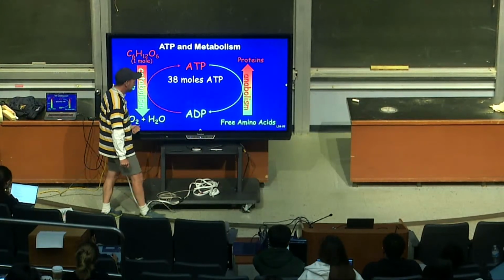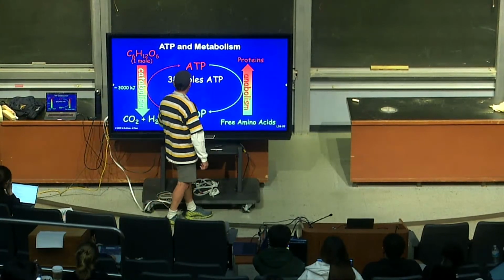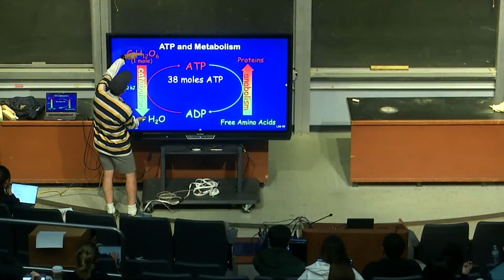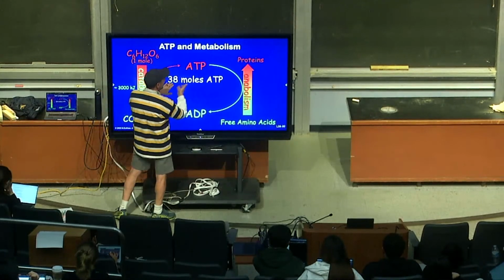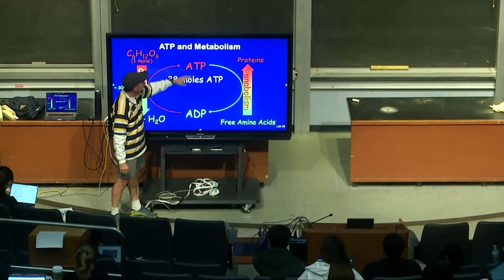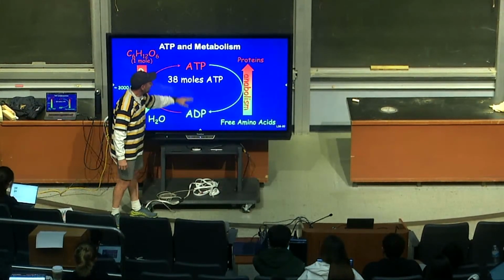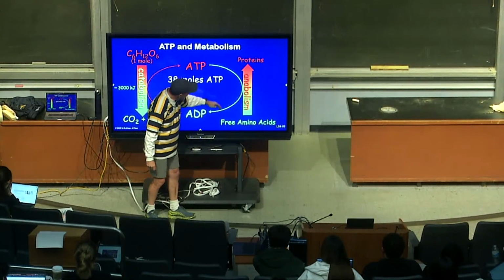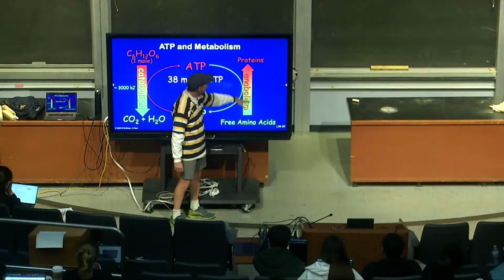So you break down stuff, you couple that free energy. From a mole of glucose, you get about 38 moles of ATP. So you make 38 of those ATP, those phosphate bonds that you're going to hydrolyze later, and you're going to release that energy, and you're going to grow.